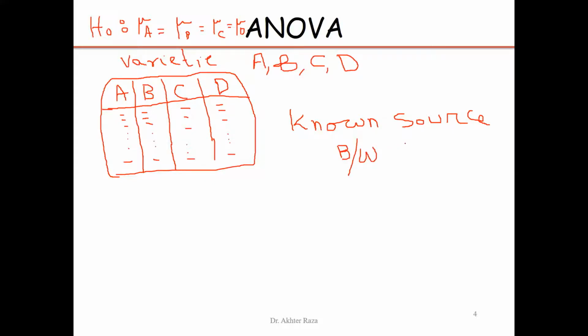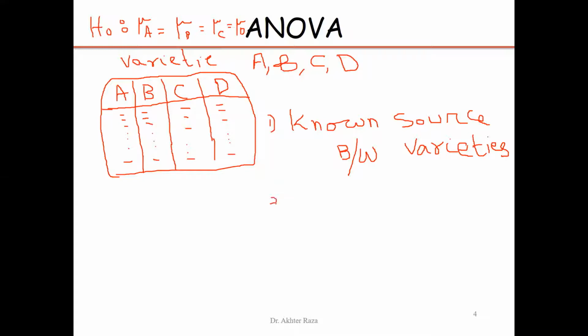Between varieties, there may be variation because we have a known source. There may be a chance that if variety D, which is newly discovered, is a better variety, then its output will be significantly high as compared to the other varieties. So between the varieties, we have a known source. This is the first known source.